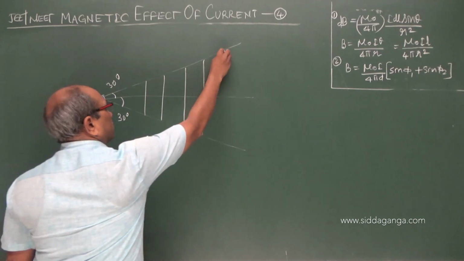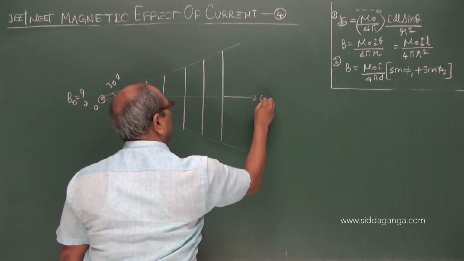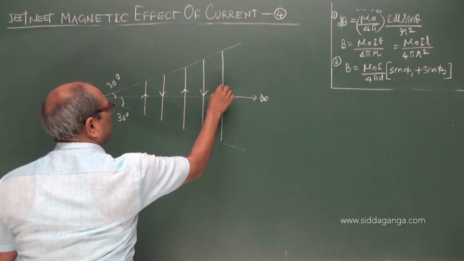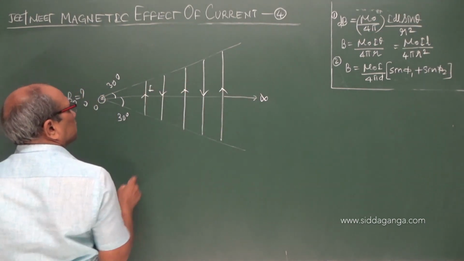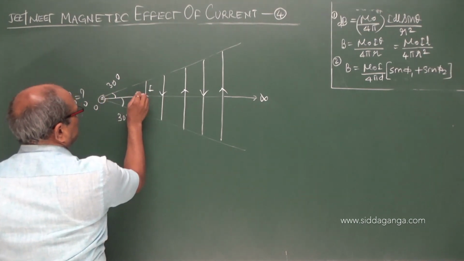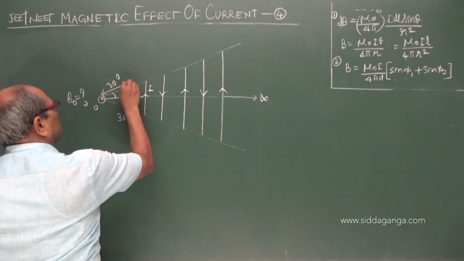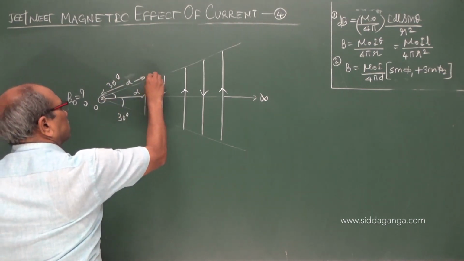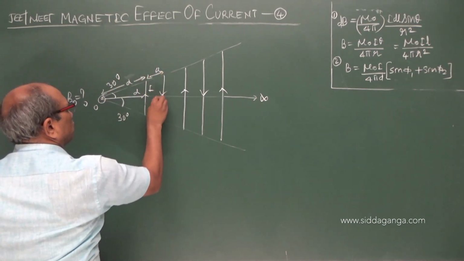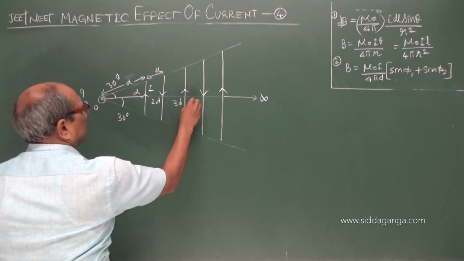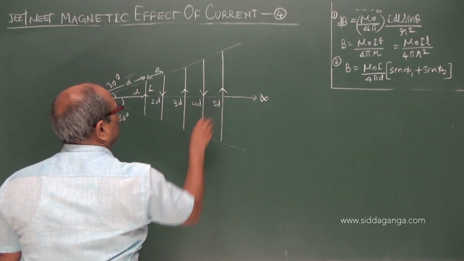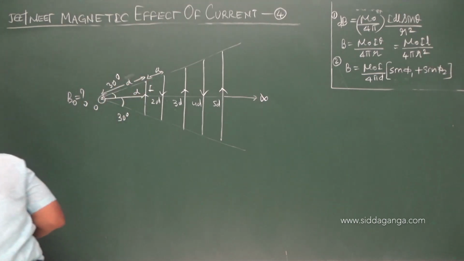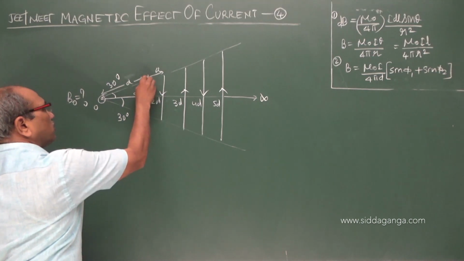The pattern runs to infinity again, upward and down, up and down, up and down, the current I in each case. This distance is D and this distance is A. It is everything A here; it is 2D from the starting point, 3D, 4D, 5D, like that it runs.